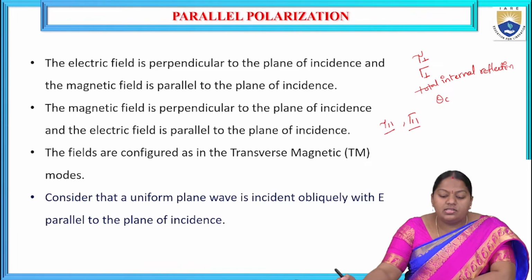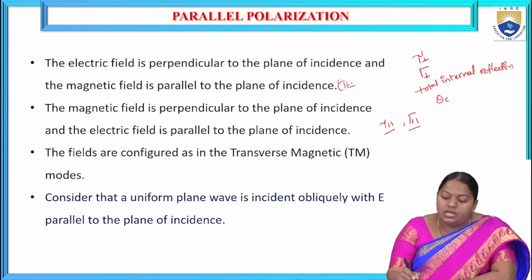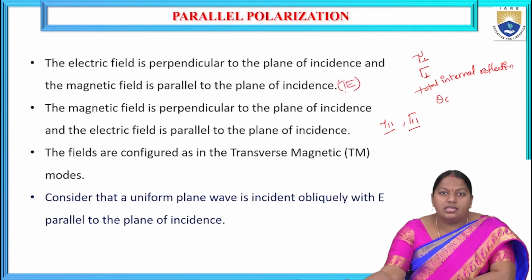In the previous lecture, we derived tau perpendicular and gamma perpendicular, the transmission and reflection coefficients of perpendicular polarization, where we assumed the electric field is perpendicular to the plane of incidence. If the electric field is perpendicular to the plane of incidence and the magnetic field is parallel to the plane of incidence, those waves are said to be TE waves, transverse electric waves.